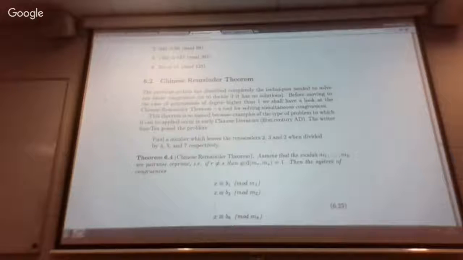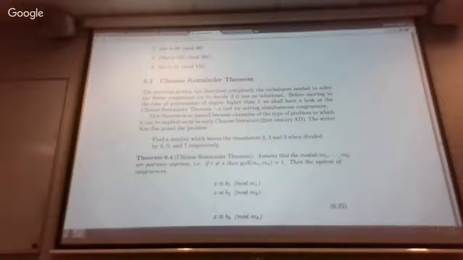I guess it gets that name because there's a very famous example. You can find examples of this type of problem posed in some very early Chinese writings, apparently from about the 1st century AD.